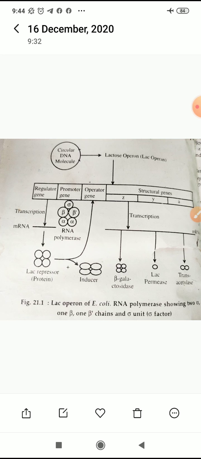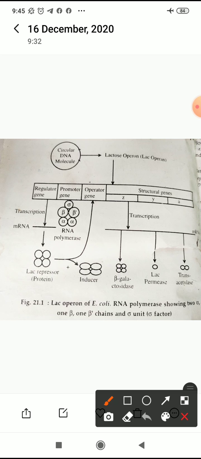Operon is a genetic unit which consists of an operator gene, then structural gene, where structural genes are controlled by operator gene for enzyme synthesis.